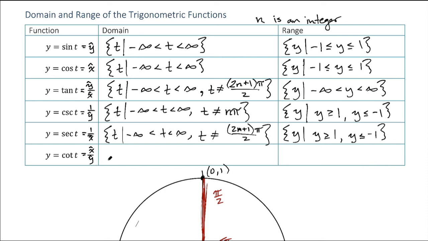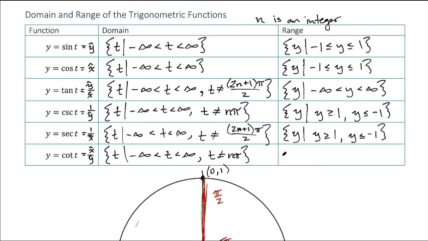And finally, for the cotangent function, we have the x-coordinate divided by the y-coordinate. So for the domain, we're going to use the same restriction as when dividing by the y-coordinate, which we had up here for cosecant. Dividing by the y-coordinate, you can't divide by 0. So we have this same restriction, all t from -infinity to infinity, as long as t is not an integer valued pi.